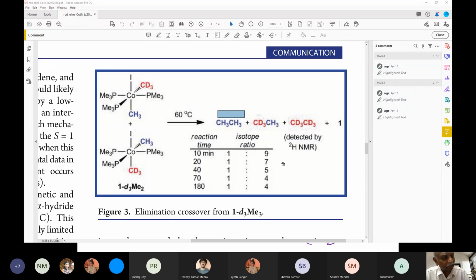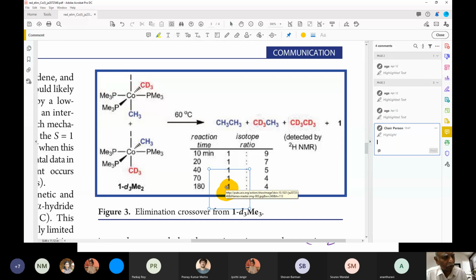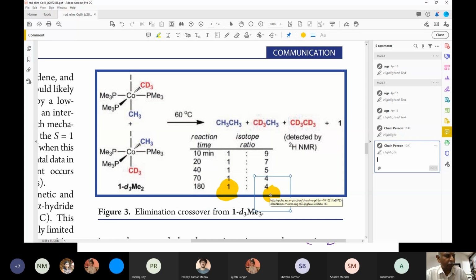And as time progressed, it became more and more. You see that this is getting much larger compared to the expected product. So that seemed to suggest that you can have exchange of methyl groups between two different 5-coordinate intermediates.